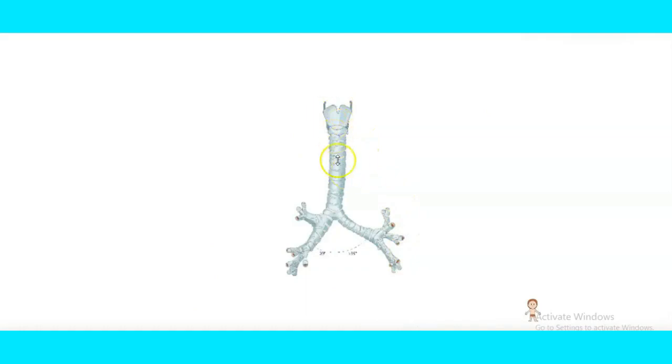This is what we're talking about here. You can find your trachea, which is just a continuation of the larynx. It extends from the cricoid cartilage, which you can find here, down to the sternal angle. When it gets to the sternal angle, it bifurcates into the right primary bronchus and the left primary bronchus.